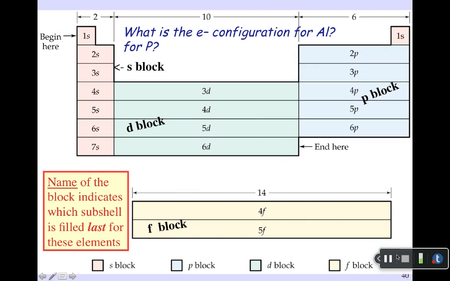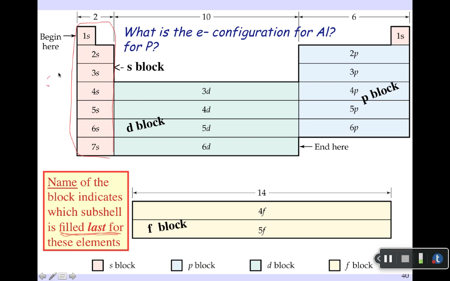Describing the periodic table in terms of blocks is exactly where we left off in class on Tuesday. The S block of the periodic table is the first 2 columns on the left, which is for the elements whose last electrons are going to go into S subshells. Which S subshell depends upon which shell the outermost electrons are in.